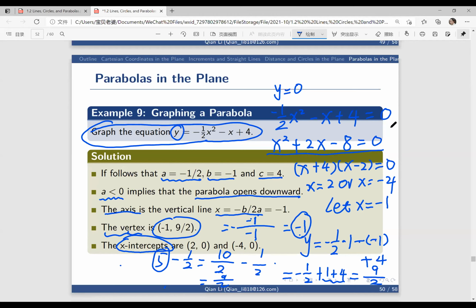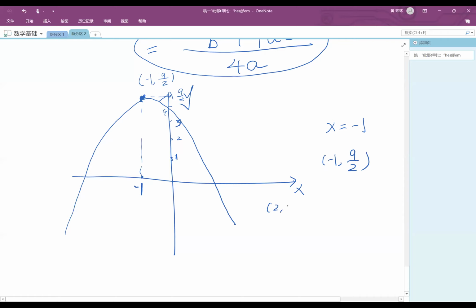Okay, so the x-intercepts for this parabola will be 2, 0 or negative 4, 0, for these 2 points. The first one is 2, 0, and this point will be negative 4, 0, right?